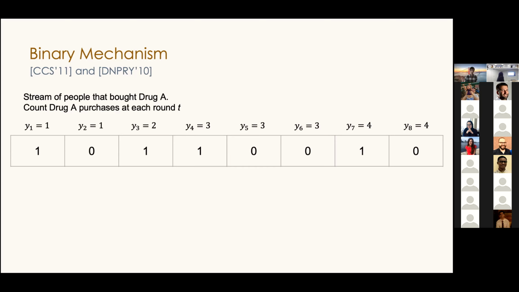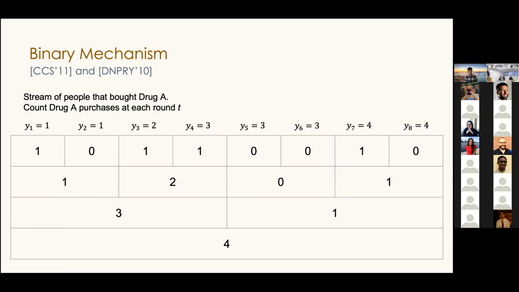But as I said, the privacy loss will get too big, especially if this stream might be millions of customers entering the pharmacy. Okay, so let's represent this stream in a slightly different way, with a binary partial sum table, where for the second row, I take pairs of things above it and add them together to make a partial sum.